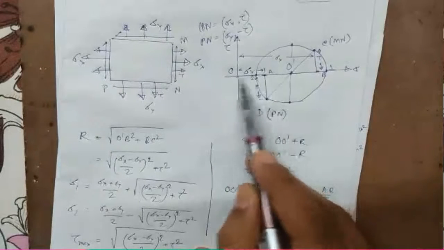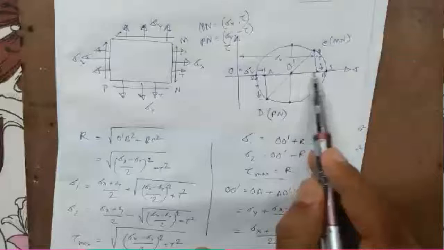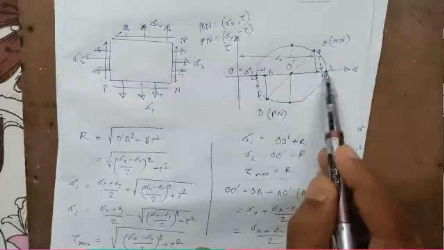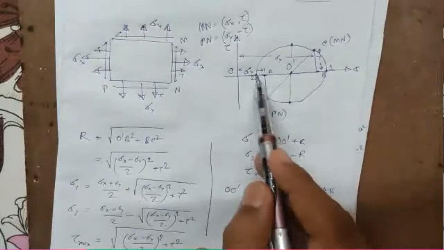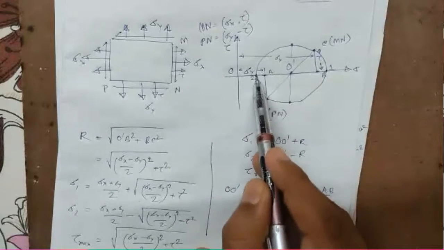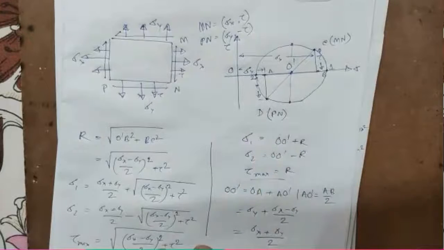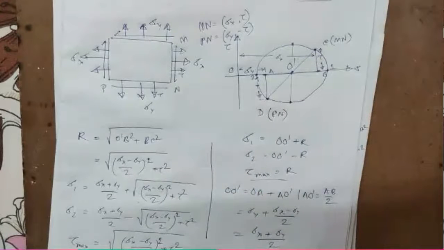O dash plus O dash 1. This much is the radius. This is O dash plus R. Here it is O dash minus R. I hope it's clear now.